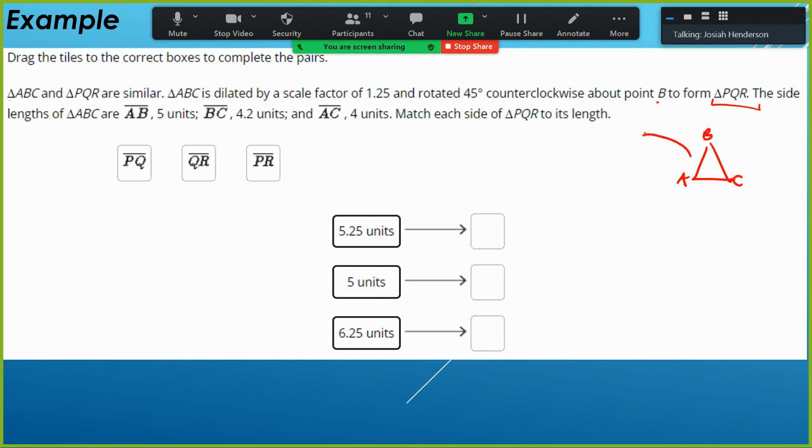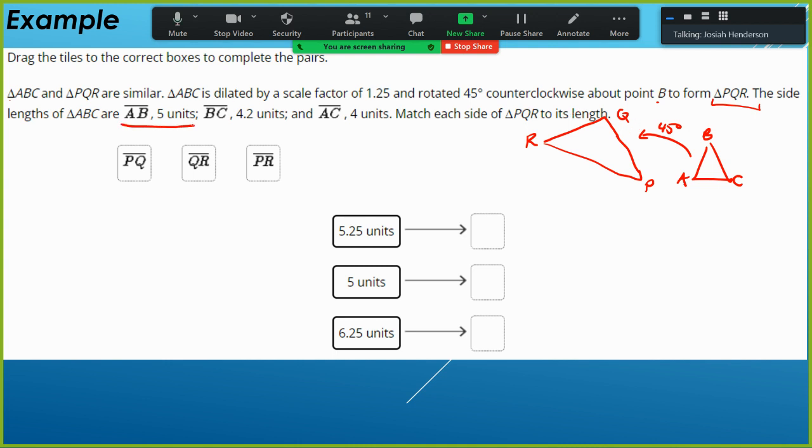Okay, so basically ABC is rotated 45 degrees and it makes PQR. And it's also been scaled by a factor of 1.25. So it gets a little bigger. Then they tell us the side lengths.